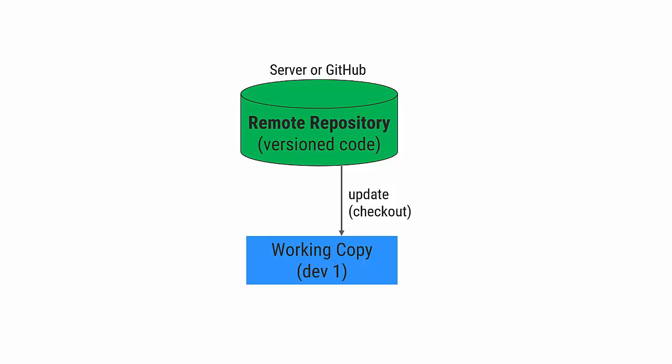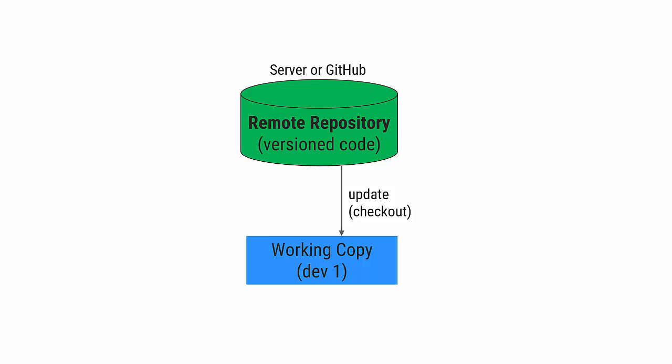So that would be done for the very first time, and then after that, the developer would do some updates, and then he would merge the code back in the repository, and then at some other point, he would download the code. But from the second time onwards, it would be called update. So first time it is cloning, and second time it is update, or another term is checkout.